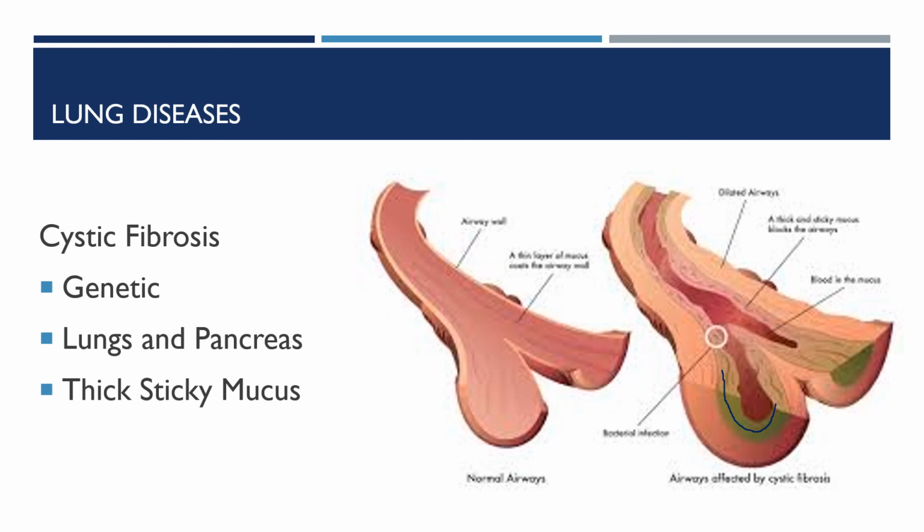So the walls of the bronchioles become thick and excess mucus builds up in here, and it becomes very thick and sticky mucus. Now, that causes the airways to get clogged up and difficulty for air to come in and out. Because this is genetic, we can't just give a pill or a shot or anything and make it go away.